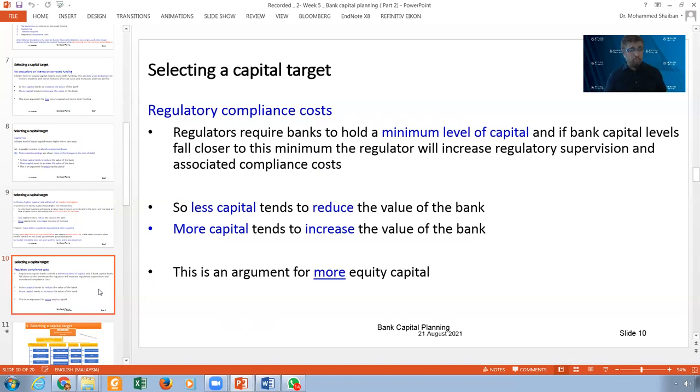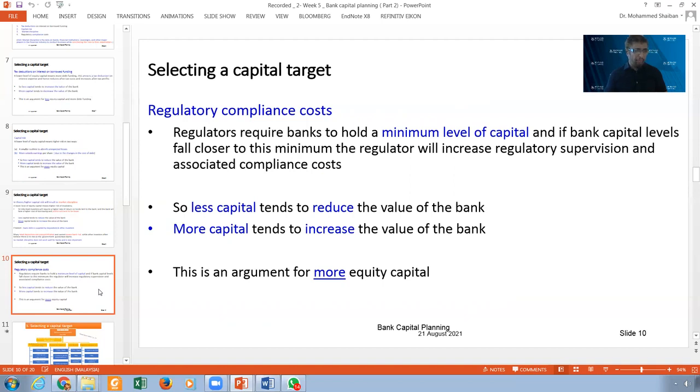They will prevent you from lending to certain areas. They will decrease your exposure, and if you continue, they can shut down the bank, take over and restructure, and do many things. So even when I have less capital and the regulators are not happy with that, they will start to penalize me. So as you can see, there are many costs from the regulators if we don't comply.